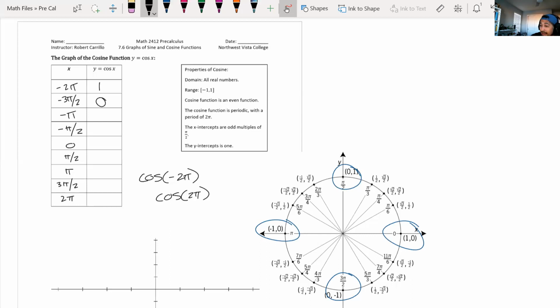So what is cosine at pi? -1. And then cosine at pi over 2? 0. Cosine at 0? 1.